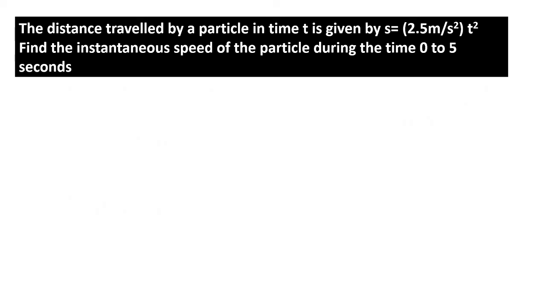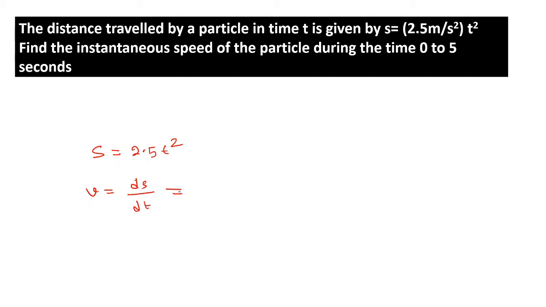So now here we have a question. The distance traveled by a particle in time t is given by s equals 2.5 t square. The question is to find the instantaneous speed. As I told you, the instantaneous speed V equals ds by dt, or delta S by delta t.